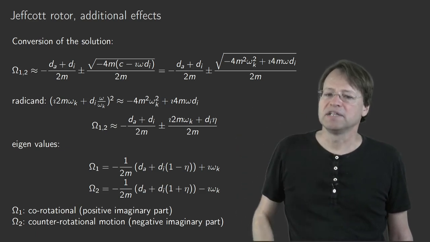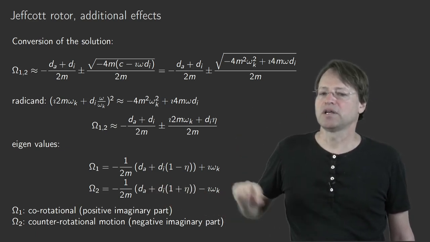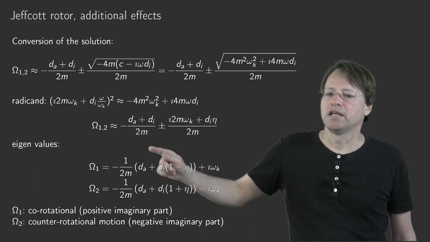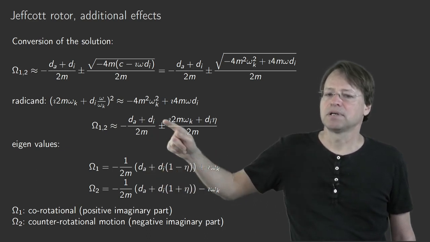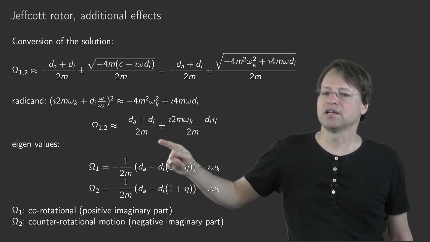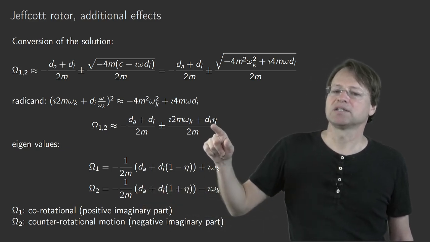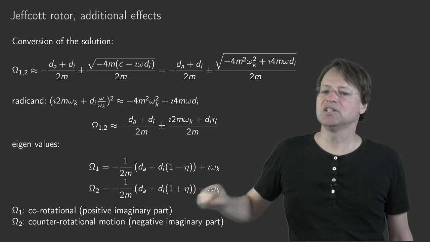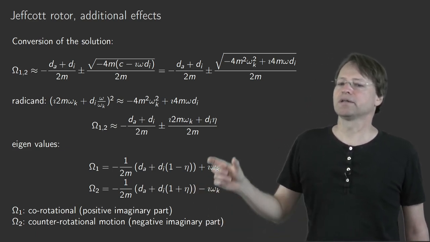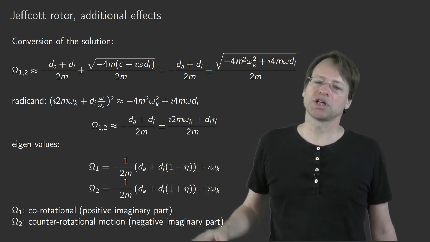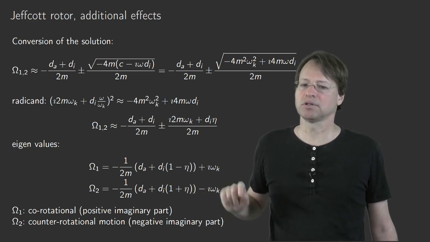What can be said about the real part? Well, we start with the same 1 divided by 2m here, and we have d sub a plus d sub I, and now we have a negative sign, so everything is perfect. We have the negative sign outside here, plus d sub I times eta. So you see that all the terms are negative, no chance for any term here to become positive.